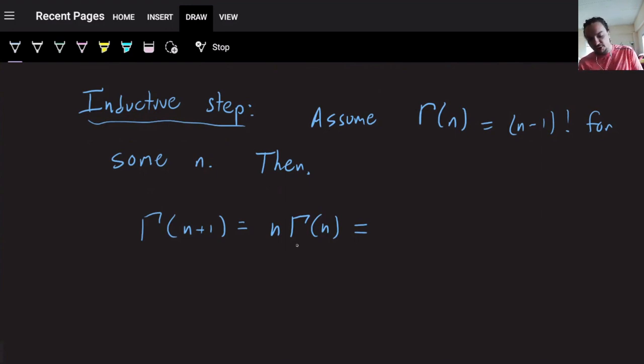Then we can use that we know that gamma n is equal to n minus 1 factorial, so this is n times n minus 1 factorial. And now we can use the equation for the factorial, which said that n times n minus 1 factorial is just equal to n factorial. Okay? And so with that, we proved the fact that we wanted to show for n plus 1, which means that we've proven it for all n by induction.